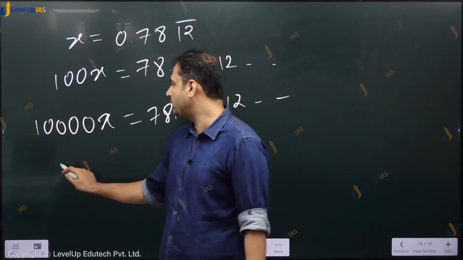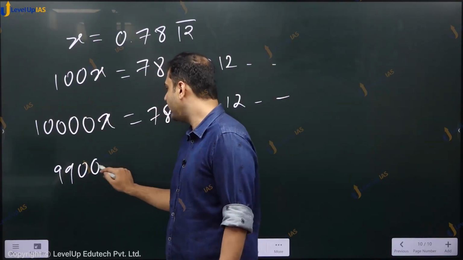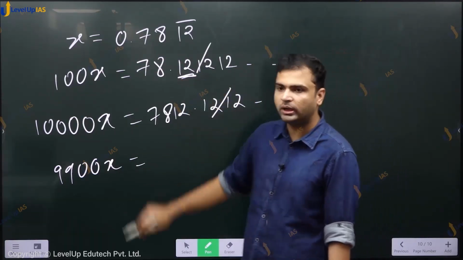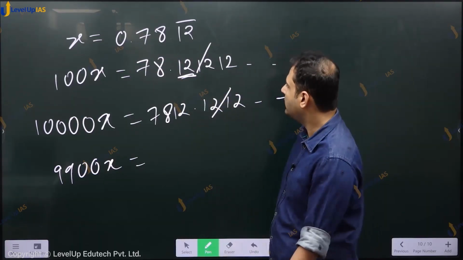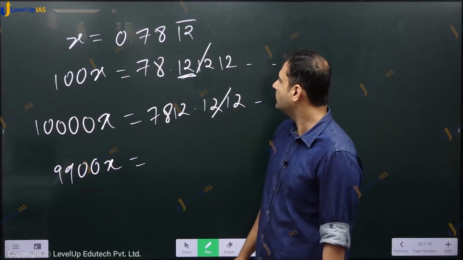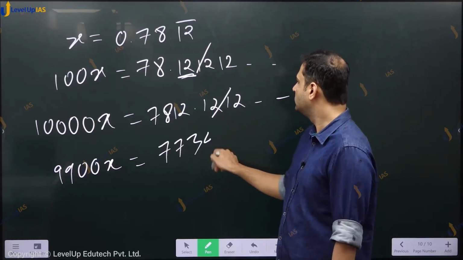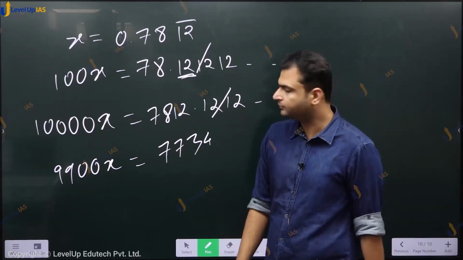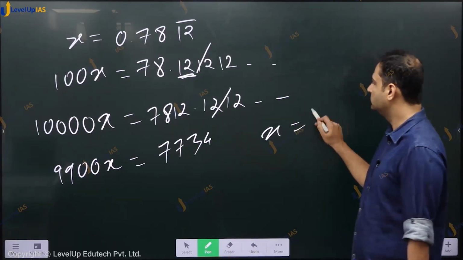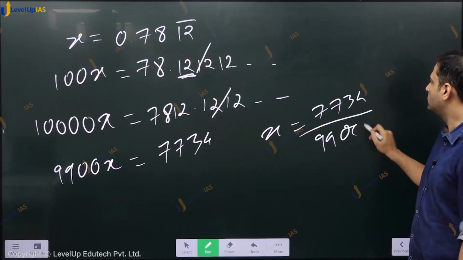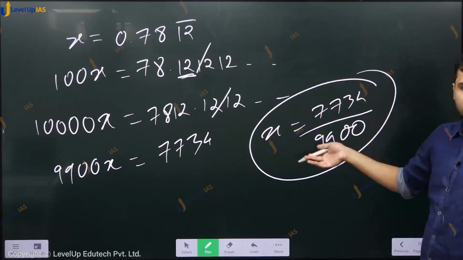10,000 minus 100 is 9900x is equal to 78, this gets cancelled, 7812 minus 78, what is coming? 7734, right? So x is equal to 7734 divided by 9900, and you can reduce it.